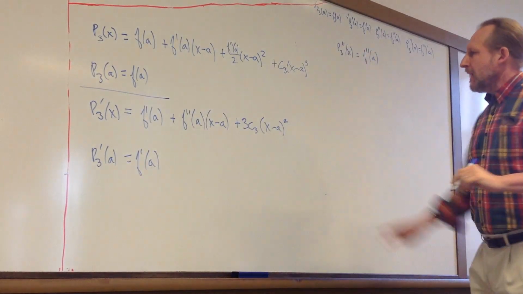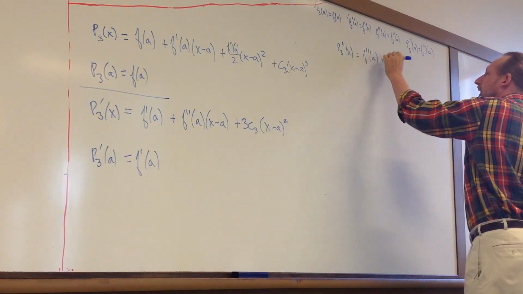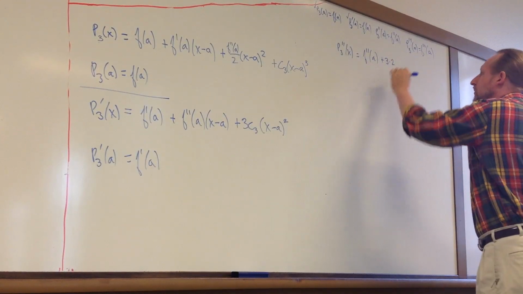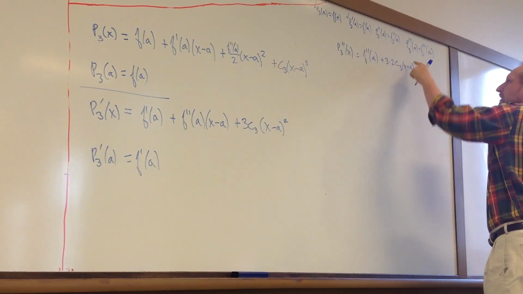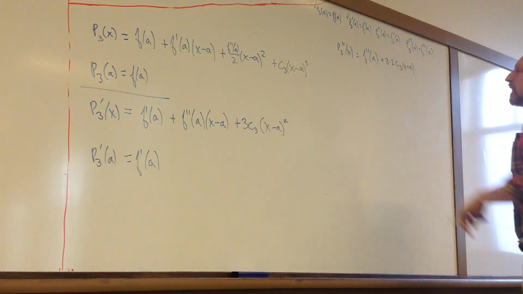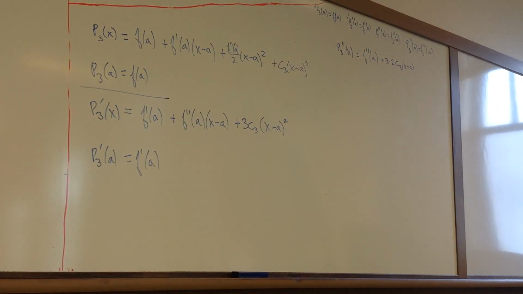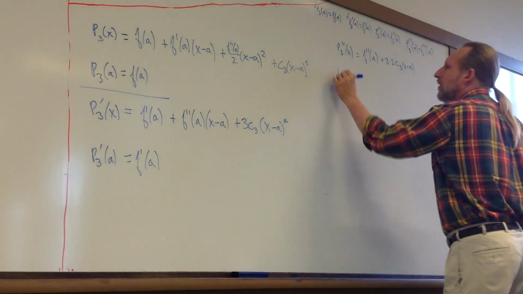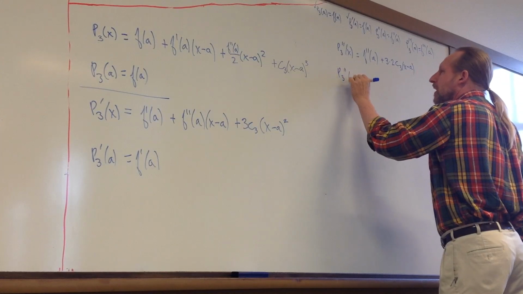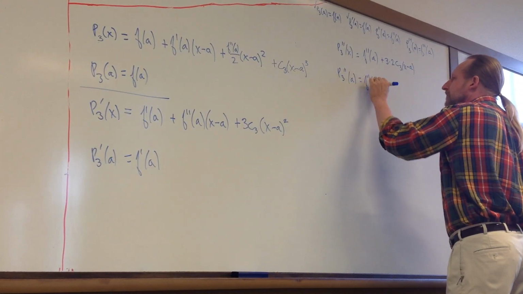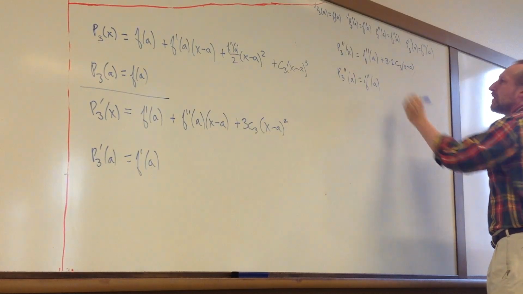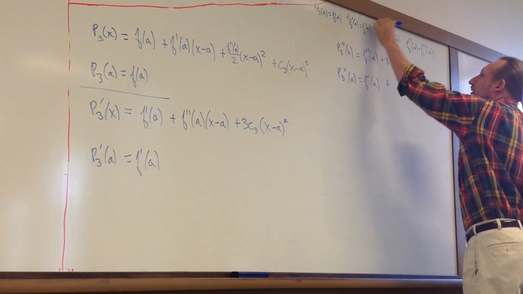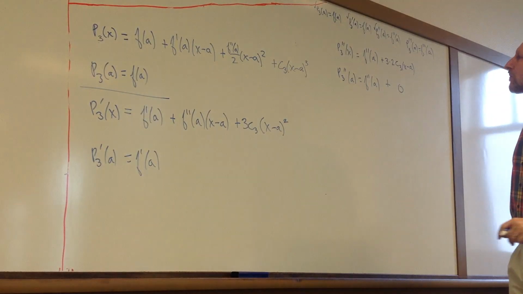And then out here, we'll have 3 times 2 c3 times (x minus a) to the first times 1. Okay, so now p3 double prime at a is going to be f double prime at a, and when we plug in the a for the x, that'll be 0, and so now that checks out as well.